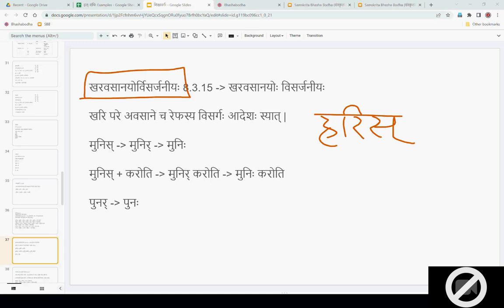I have trouble with the pronunciation and then trying to figure out what the actual sutra is saying. Yeah. So this actually has two words in it. If I pronounce the whole thing here, the sutram: Kharavasanayor visarjaniyah.